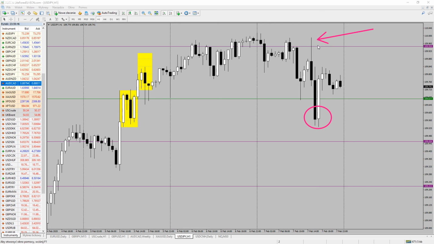So I'm going to look for the whole post non-farm payrolls spike high, right? So in between 109.85, 110.05, right? That's what I'm going to look for from the perspective of the short setup on the dollar yen.